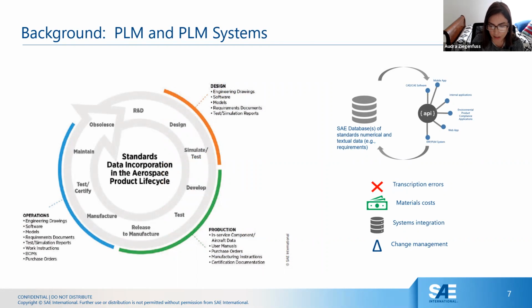So some of the background of the system and why we have had to do what we have to do. On the left-hand side, you'll see an example of a schematic of the aerospace product lifecycle. Very similar for those of you who might be in product development, there's a design, develop, test, release cycle, and then obviously aerospace has a huge maintenance piece at the end.